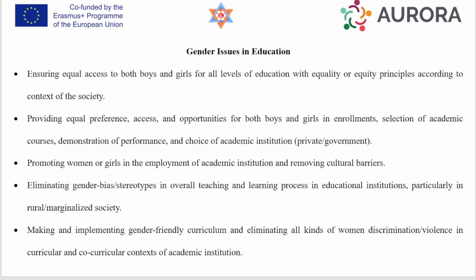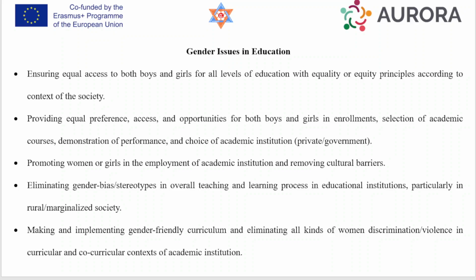The next aspect to consider is gender friendly curriculum. How to make gender friendly curriculum and implement it in universities and schools is equally important. Developing and implementing a gender friendly curriculum is essential.